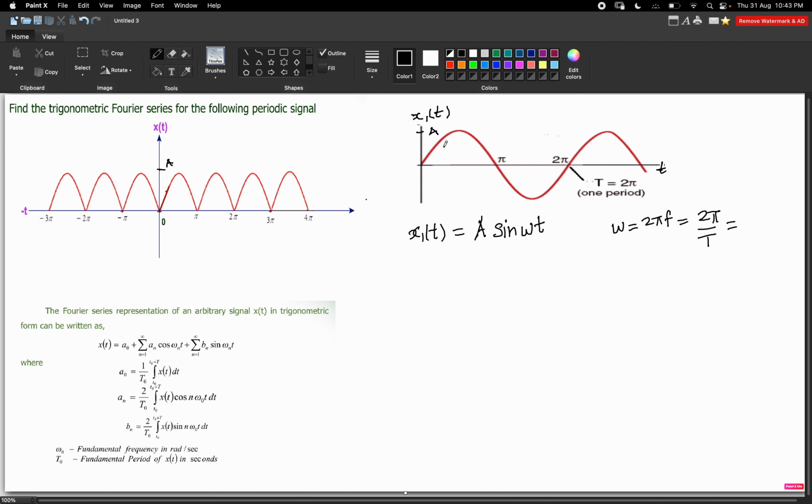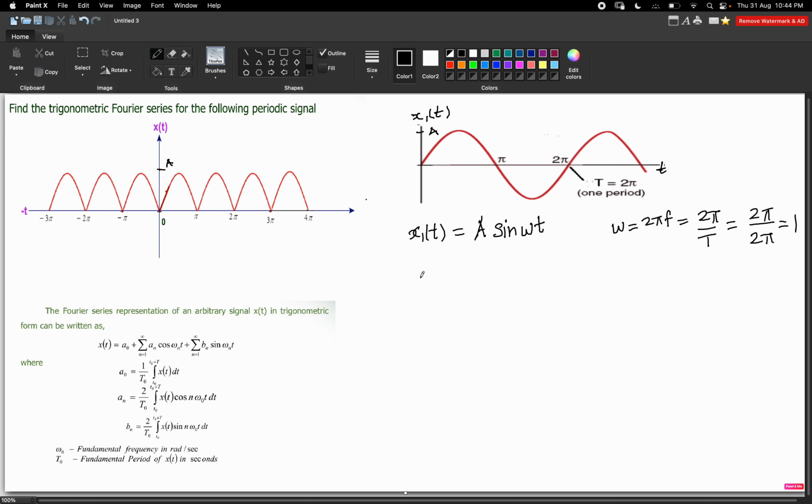So here this is considered as one cycle. The one cycle time duration is 0 to 2 pi, that is 2 pi minus 0 equal to 2 pi. Since T is equal to 2 pi, we are just substituting that value, 2 pi divided by 2 pi, which is equal to 1. The unit is radian per second, so you can leave that.